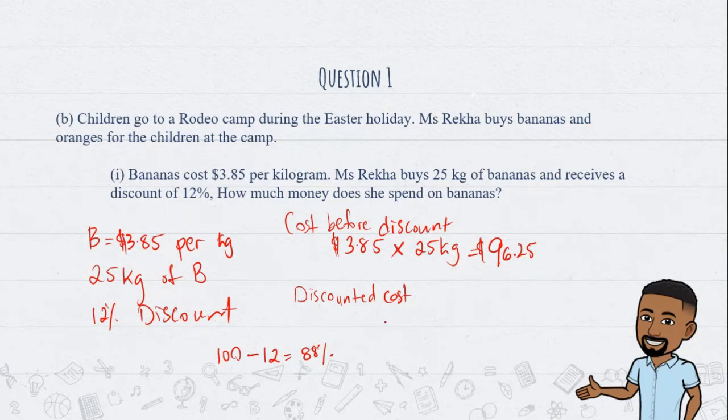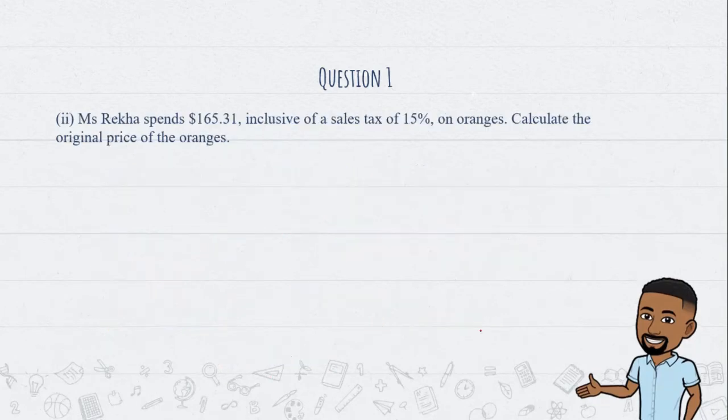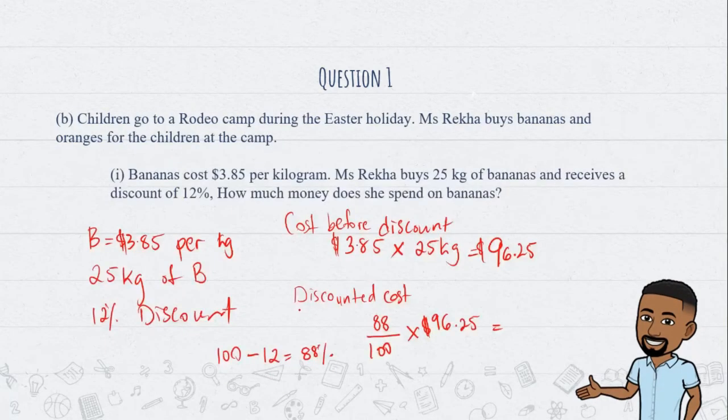Alright, so let's get down to it now. So it's 88, and since it's percentage, we change it to a fraction, so it's over 100. So 88 over 100 multiplied by the total cost of the item. And we can go ahead and use our calculator once more.